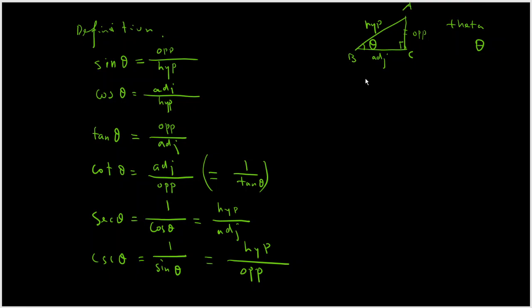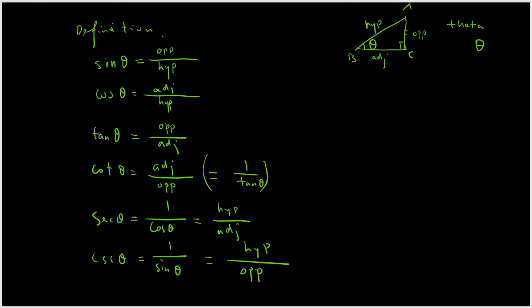Alright, so that's a simple definition of how the trig values are defined. However, this definition applies only to the case when theta is one of the angles in a right triangle. By that we mean there's a restriction on theta.